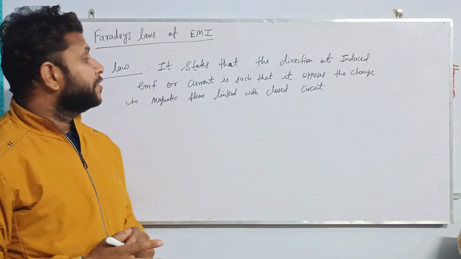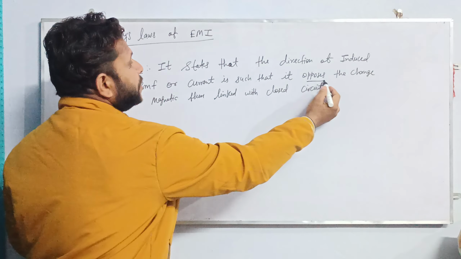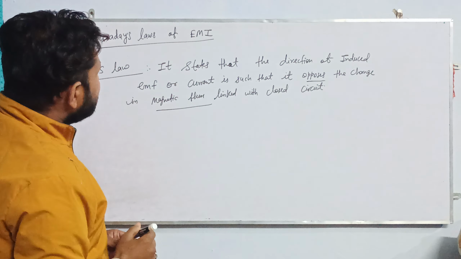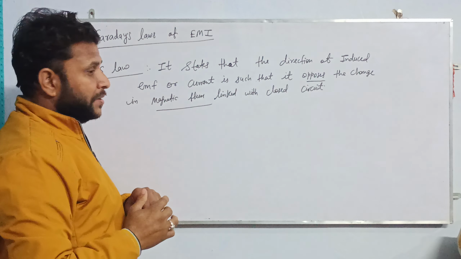So, what is Lenz's law? It opposes the change in the magnetic flux. The direction of the induced EMF or current is such that it opposes the change in magnetic flux.